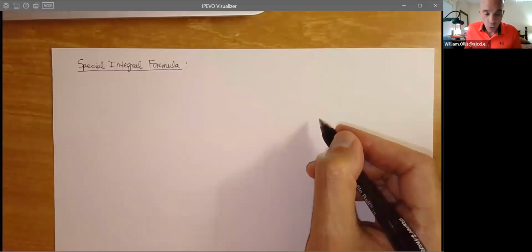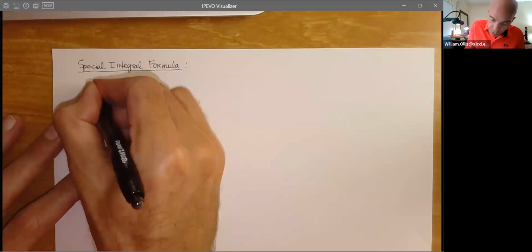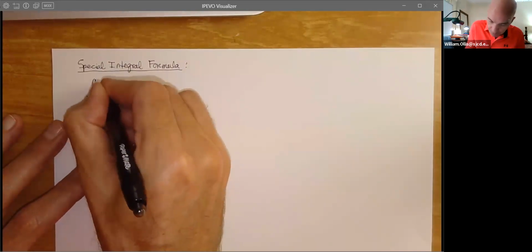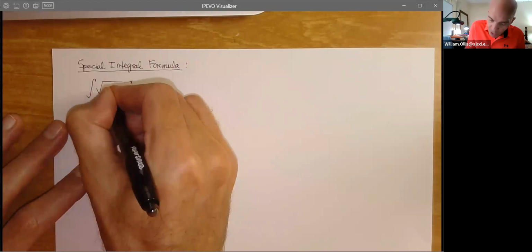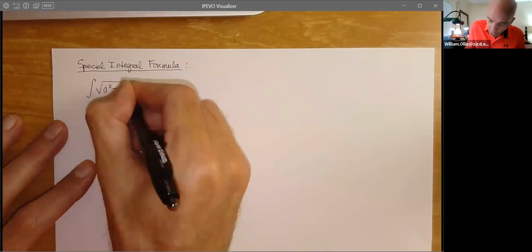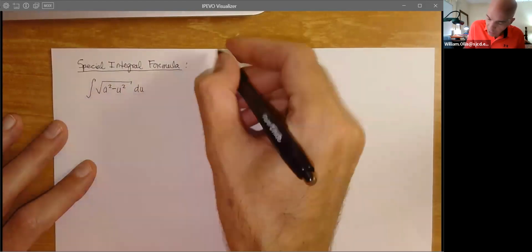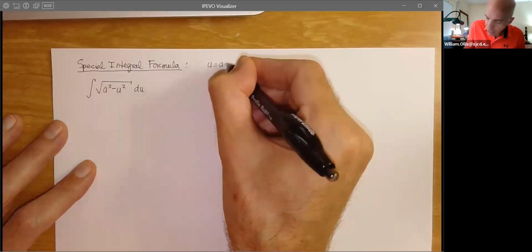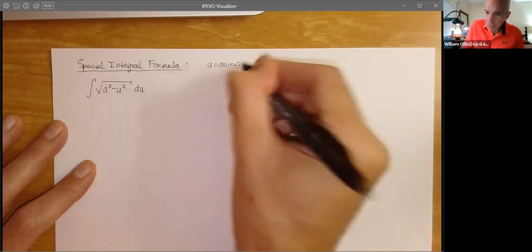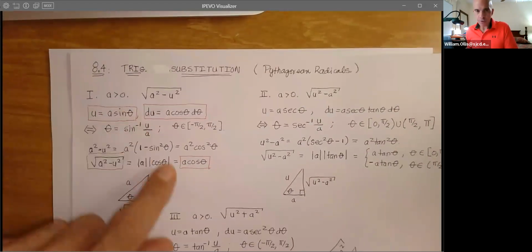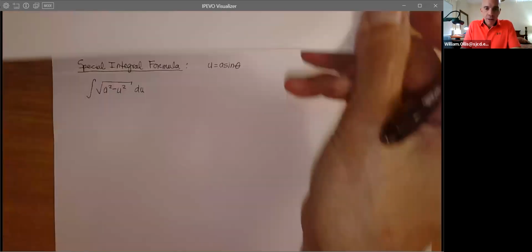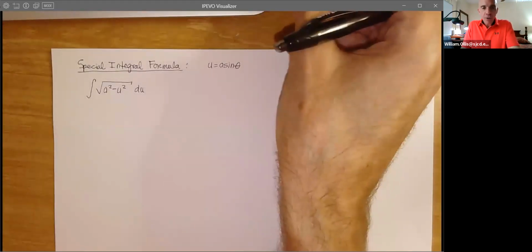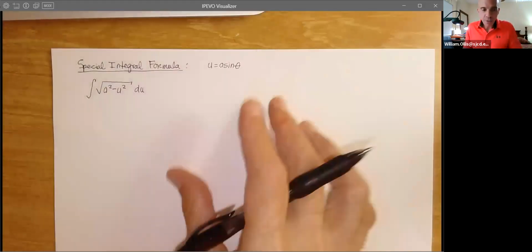So another integral formula looks like this, where we'll use the sine substitution. What if we have the radical of a squared minus u squared? Of course we could let u equal a sine theta. That was the very first one. Remember right here? That was the very first one. And so now you're thinking, okay, what does this formula look like?